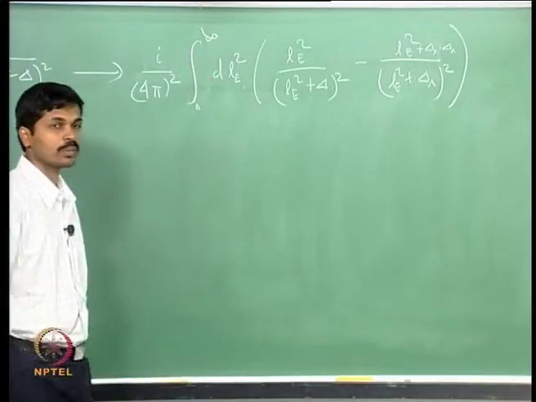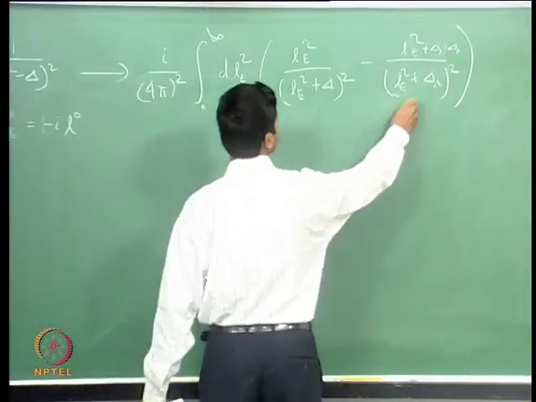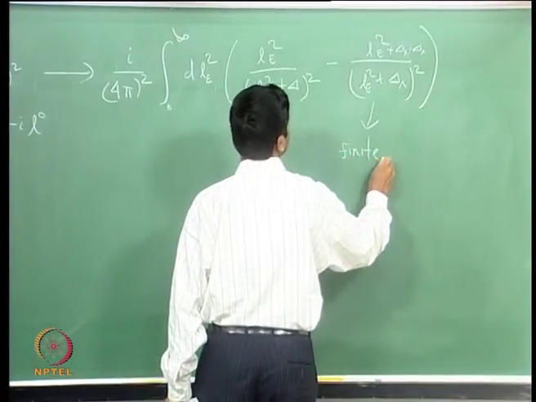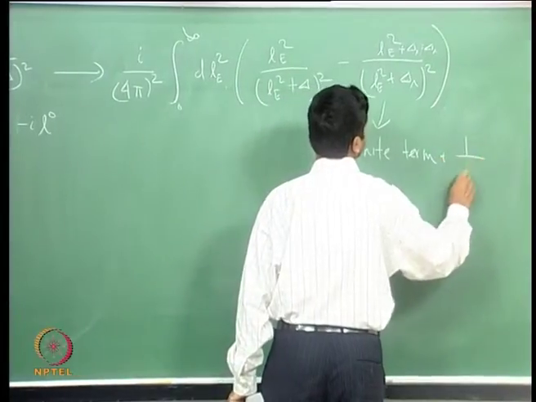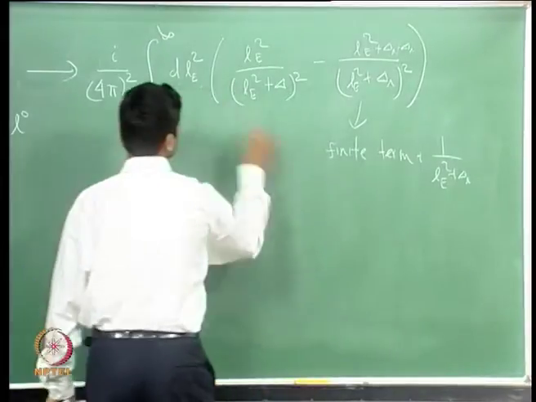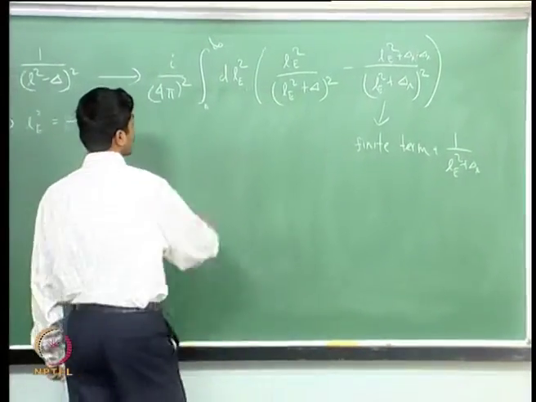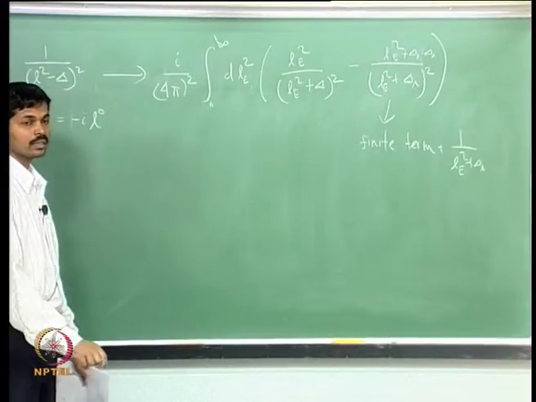L e square takes values from 0 to infinity, and this here will have a finite piece plus 1 over L e square plus delta lambda, and when you integrate it, you will get log of L e square plus delta lambda, and similarly here you will get a log of L e square plus delta.